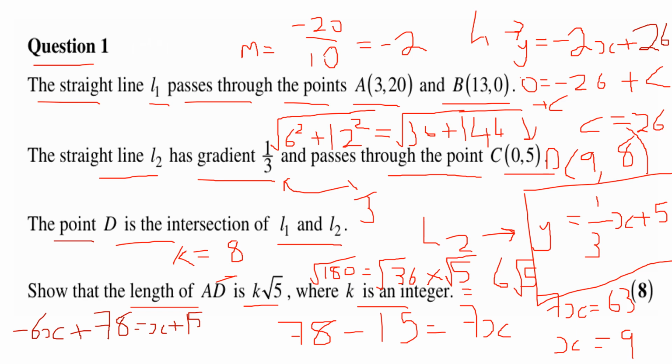Rearrange it, work out your coordinates, and then use Pythagoras to work out distance, so the modulus or distance of A to D is equal to the square root of (x minus x1) all squared plus (y minus y1) all squared. So work out the difference in the x coordinates, square it. Work out the difference in the y coordinates, square it. Technically there should be a minus here, but if you square a negative, you get a positive, so that's why I didn't put a minus there.